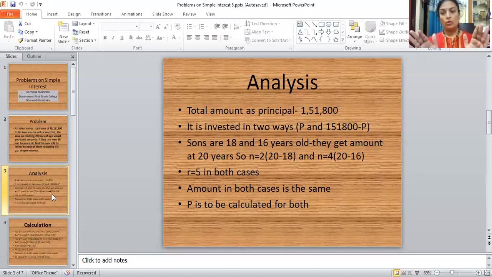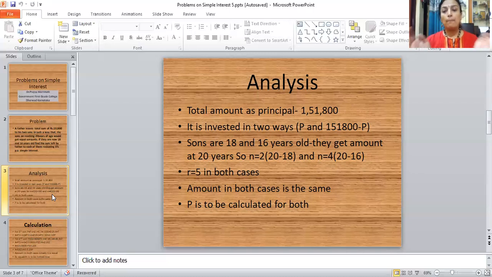And you have to calculate both P's. Let us keep one P as P only. For the elder son, principal is P. So, for the younger son, it is 1,51,800 minus P. As I have already explained, N is 2 years and 4 years. R is same, that is 5%.